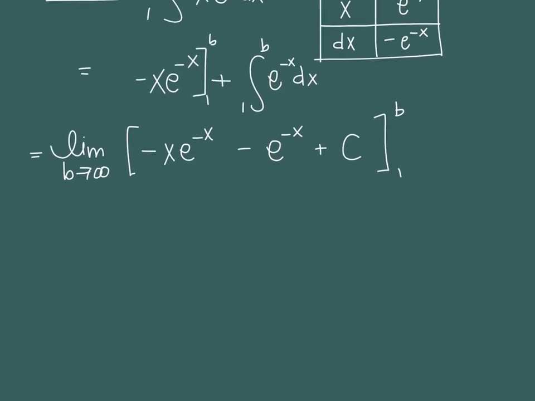Okay. Go team. It's not all going to be infinity. All right. Negative b e to the negative b, minus e to the negative b, plus 1 times e to the negative first, plus e to the negative first.